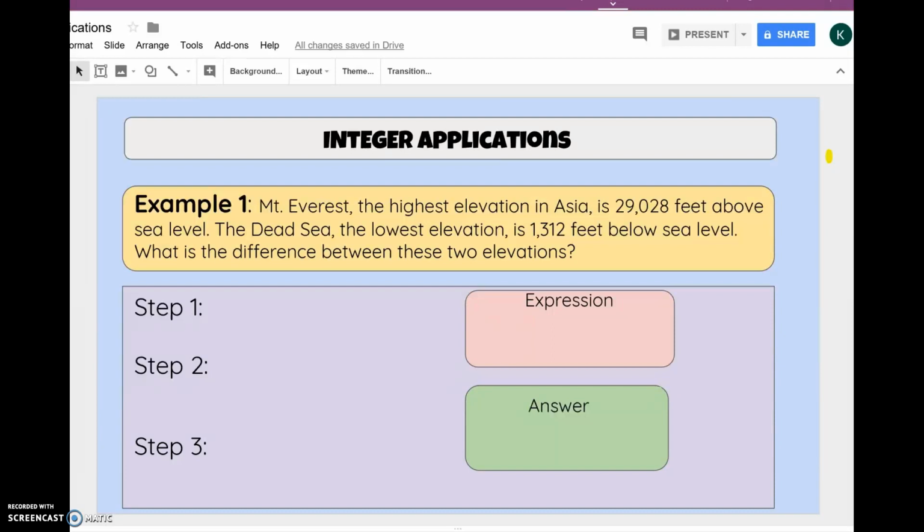I know that the word above is going to indicate a positive number. I also know that the word below is going to indicate that that number is a negative. There's one other word in my question, the word difference. The word difference tells me that I need to subtract.